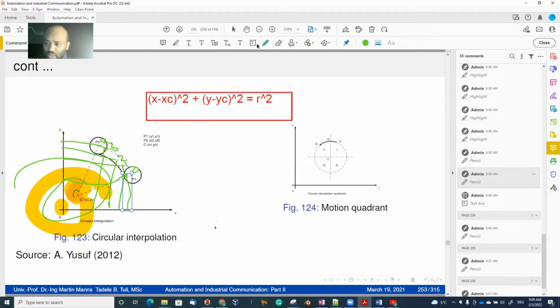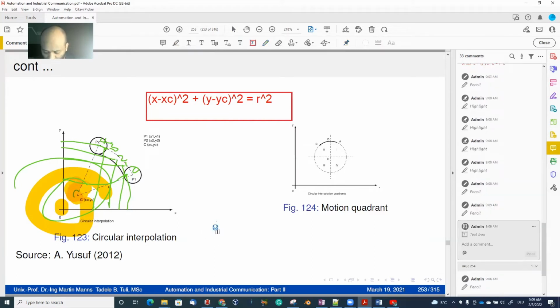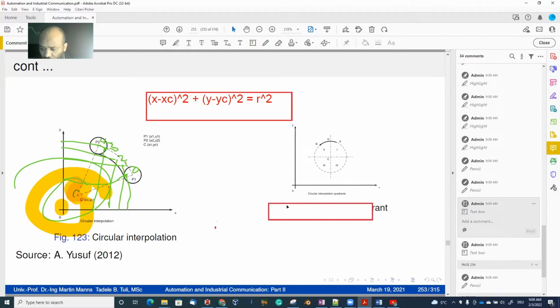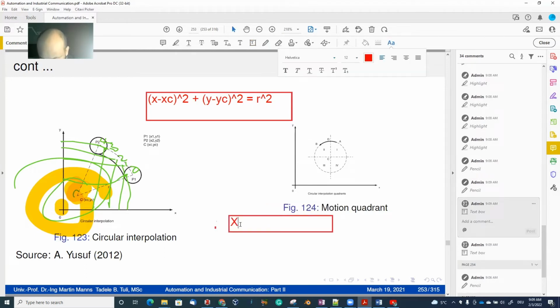Okay, so now let us do as we did earlier. Let us do the same thing. x1 equals x naught plus radius cos theta, maybe cos delta theta.